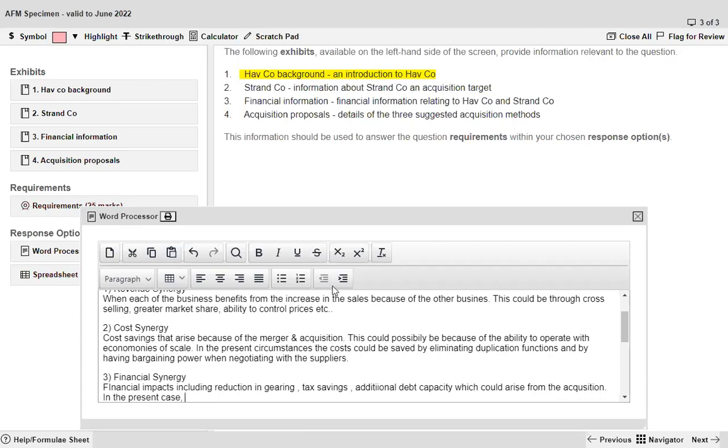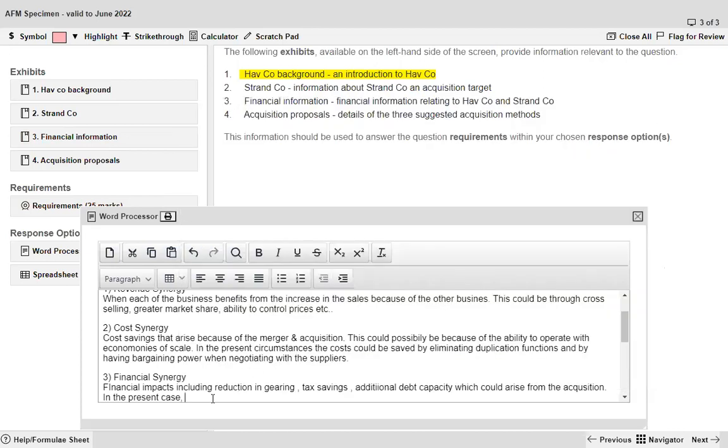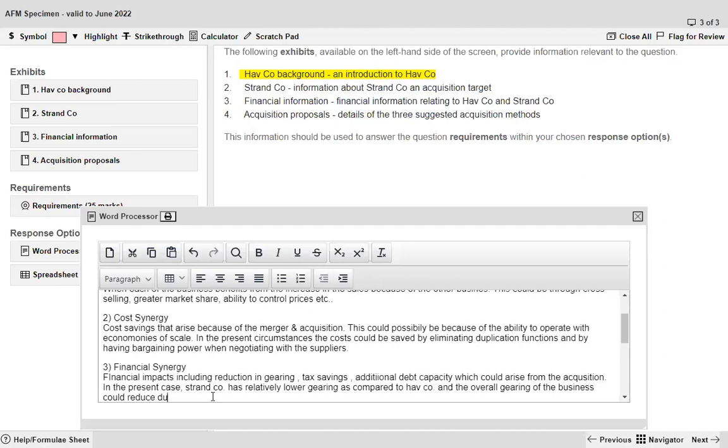So in the present case, what is actually happening is that Strand company has relatively lower gearing as compared to Hav company, and the overall gearing of the business could reduce due to Strand company's lower gearing.